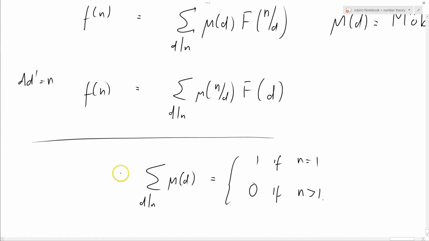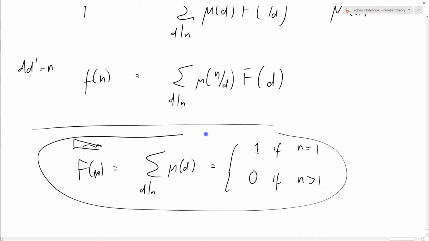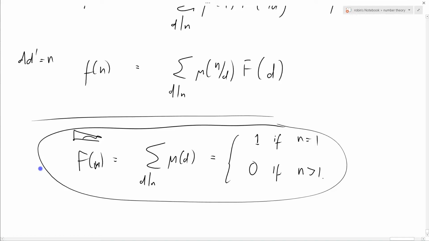So this function has a very nice, simple property: it just detects whether its argument is 1 or not. It's a very neutral, simple property of the Mobius function that we can use to our advantage.